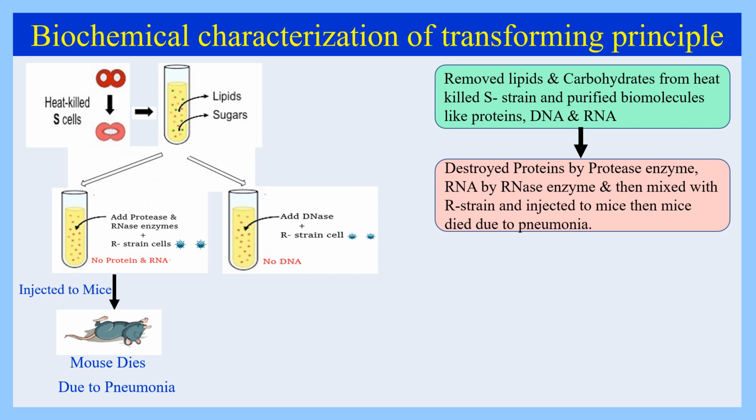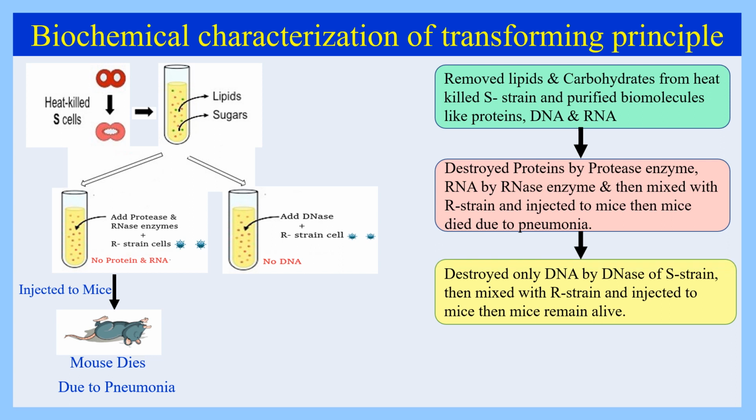In the next set, they added DNase enzyme, which destroys the DNA. There is no DNA in the mixture, only protein and RNA are present. To that mixture, they added R strain cells and then injected it into the mice. The mice remained alive.